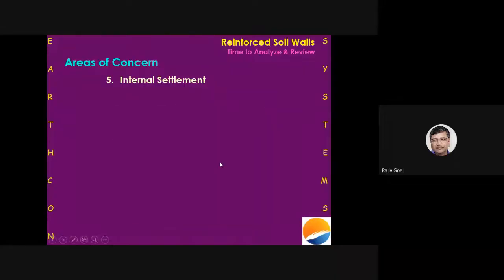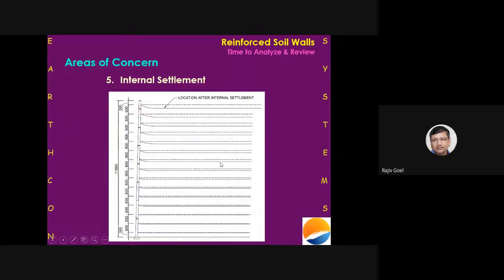And I assume that the construction would be done as I show in the drawing. Yes, the construction is done precisely as I show in the drawing, but what happens with time is that my strap, my reinforcing element, which was supposed to be at this level, the dotted line level, has actually become in this profile.